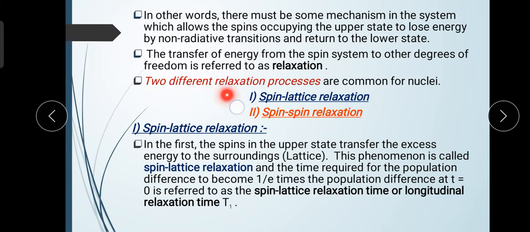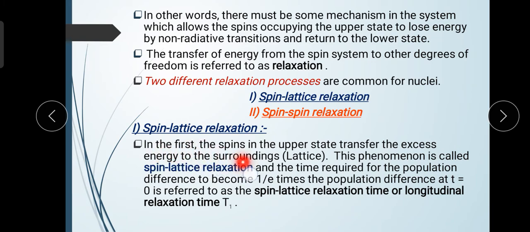There are two different relaxation processes for common nuclei. The first is the spin lattice relaxation and the second one is the spin-spin relaxation. These are the two very important relaxation processes in nuclear magnetic resonance.